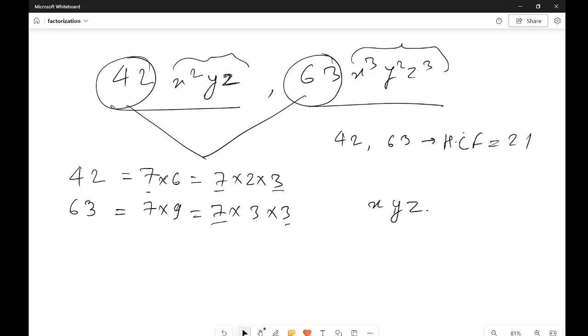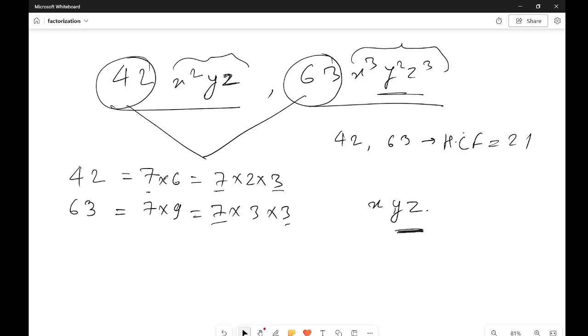In the very first expression there is yz only to power 1. However, in the second expression it's y square and z cube. So the highest common power is only 1. So yz will be always yz. It won't be y square or z square or y cube or z cube.